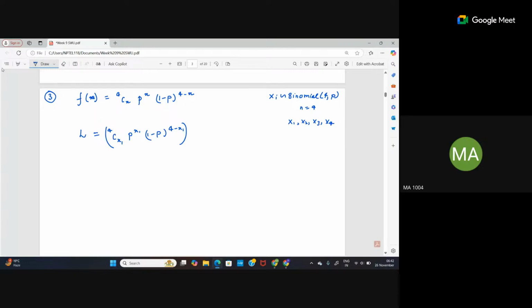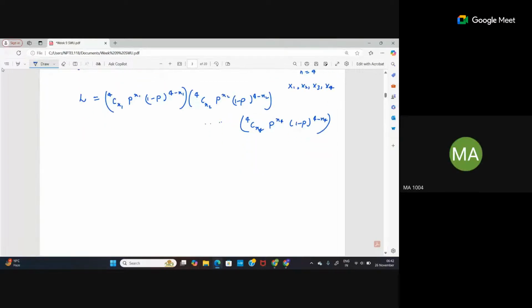And for all the four random variables, we have to write it. So it will be 4Cx2, then p to the power x2, 1 minus p to the power 4 minus x2. Similarly for x3 also, and then I'm writing it for x4, p to the power x4, 1 minus p to the power 4 minus x4. So this is your likelihood function.